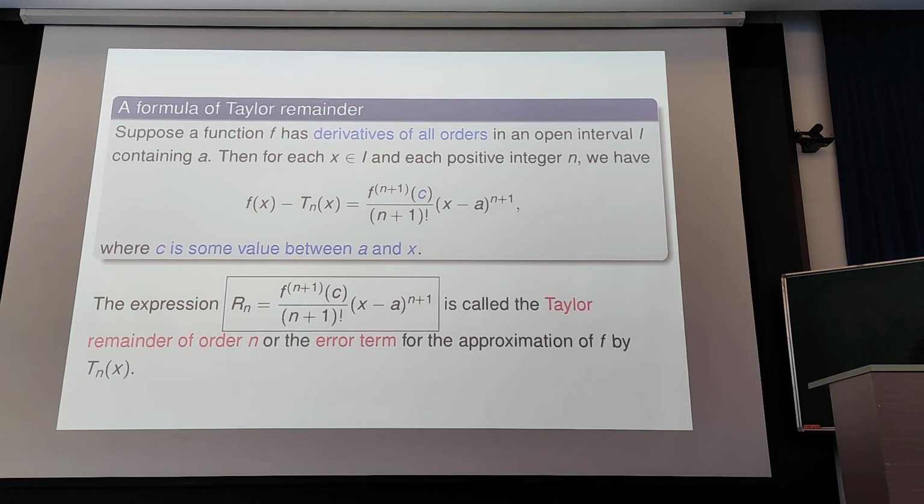So you can see here this formula of the Taylor remainder shows you more clearly what I have said before. If I have a function f which has derivatives of all orders in an open interval that contains the point a, then you can approximate the value of f by the nth Taylor polynomial, and this one gives you the remainder.